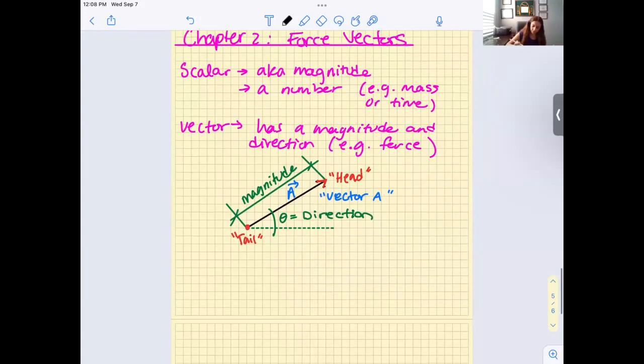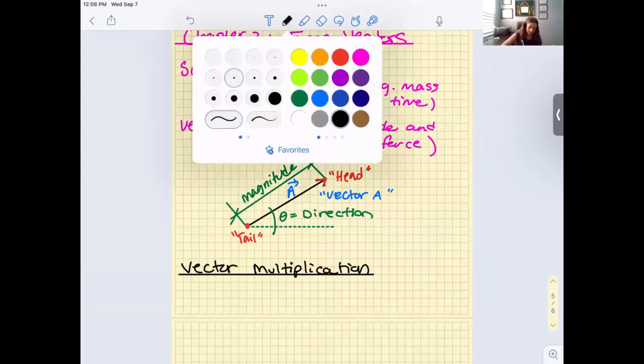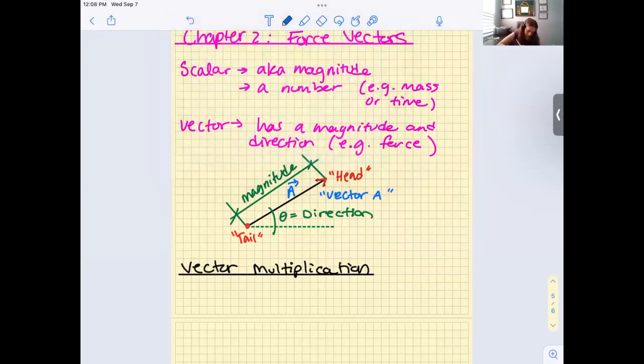If I want to multiply vectors, so vector multiplication. Let's say I defined this as my vector A. Then 2A would be twice as long in the same direction.